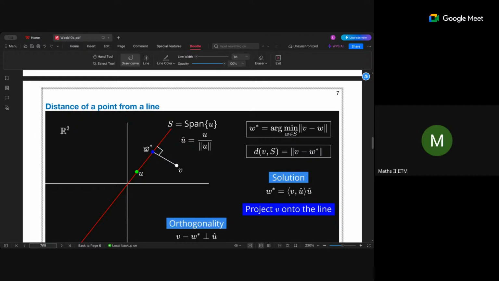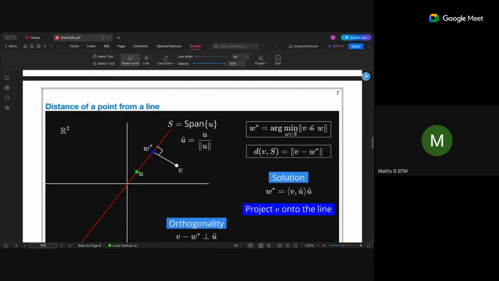How can we find w star? W star is simply the minimum of norm of v minus w, where w is in s. It means you take every single vector from this line s and find the distance between that vector and v. The minimum of that is your w star, the vector which has the minimum distance between v and this line.